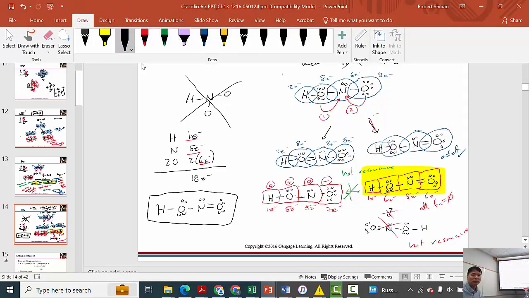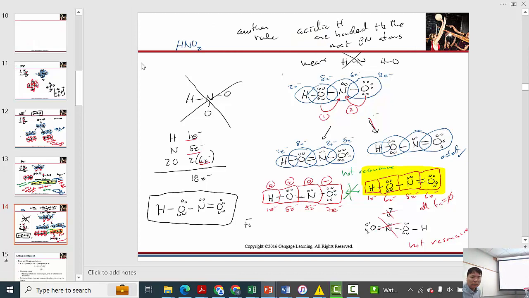Only the electrons move. For resonance structures, the atoms cannot move. This structure is fine. But the way I generate this bottom structure is I have to take this one and then flip it 180. If I take this one and flip it 180, I end up with this.